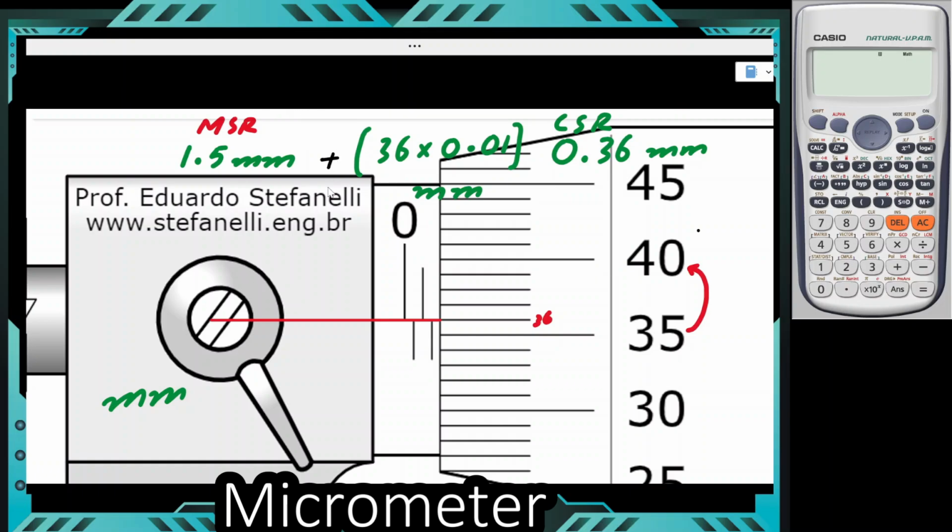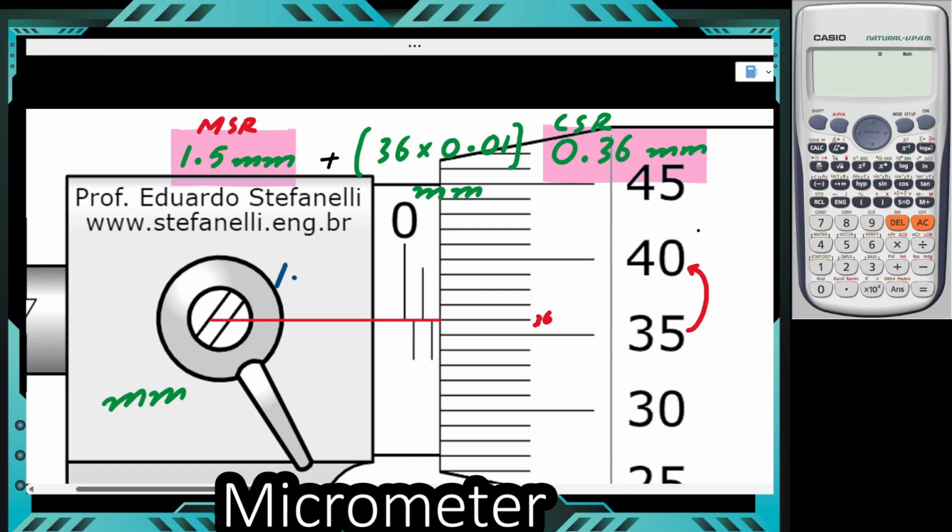Now how do we find the final reading? Well, the next step is we take the main scale reading, the circular scale reading, and then we add these two. So 1.5 millimeters plus 0.36 millimeters.